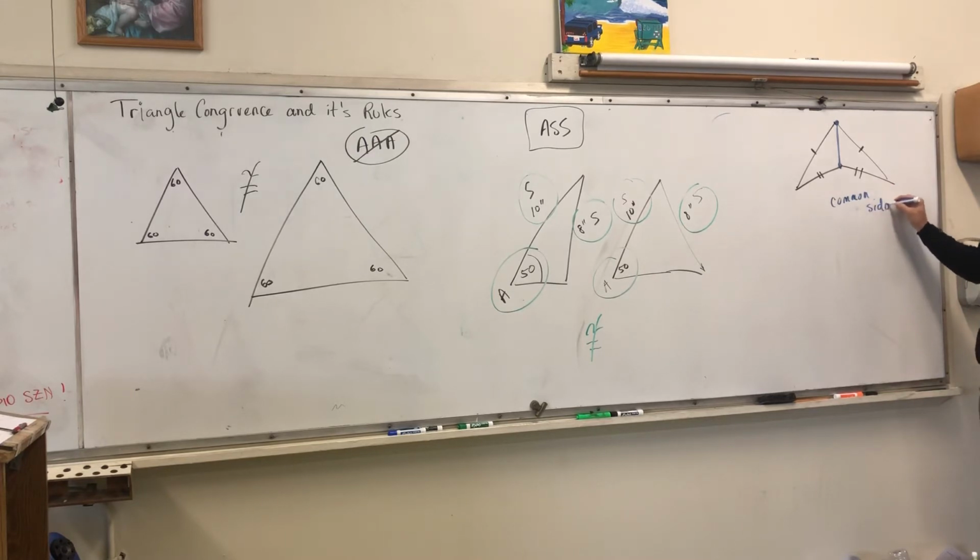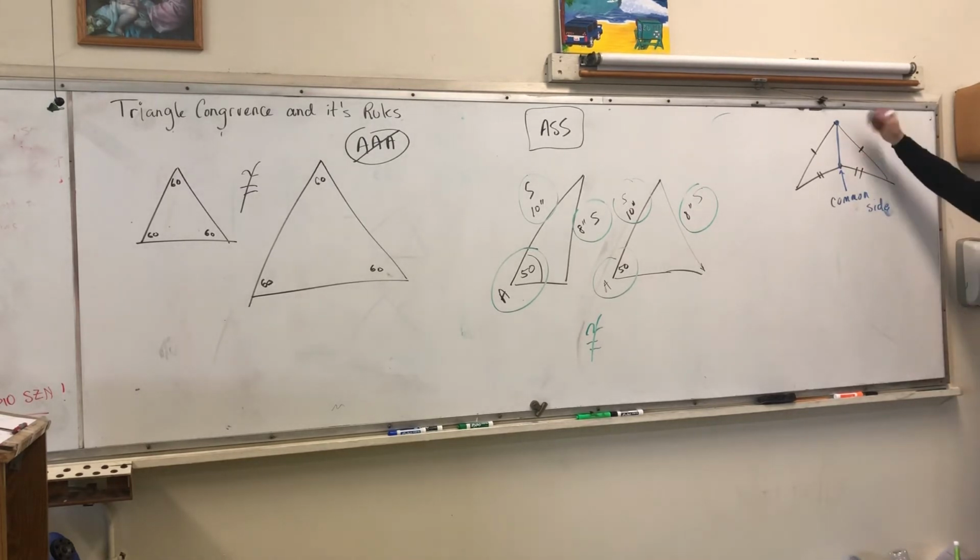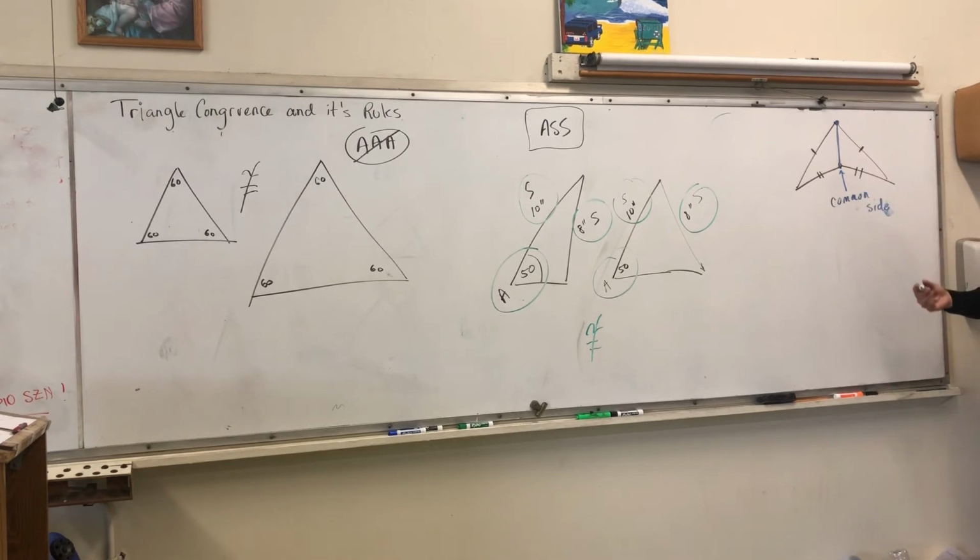Meaning, there's a side that both triangles are using to create their shape, and because they're using the same exact side, it'd be like if two people are using the same exact item. You're using the same jacket, it's no different. You use it on alternate days.